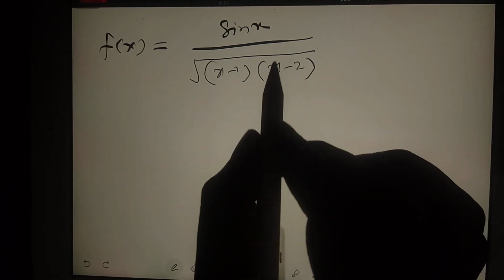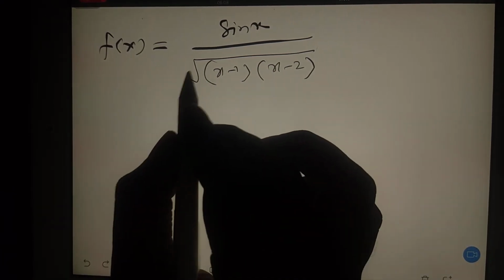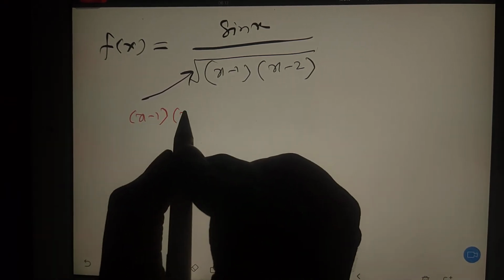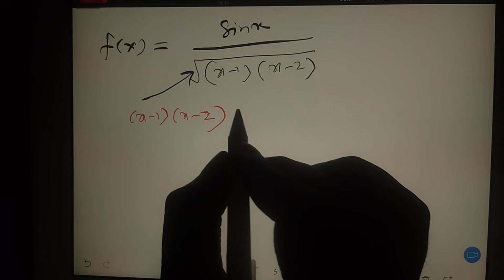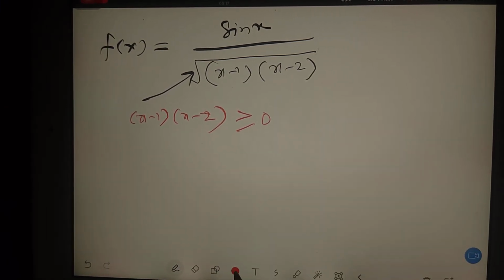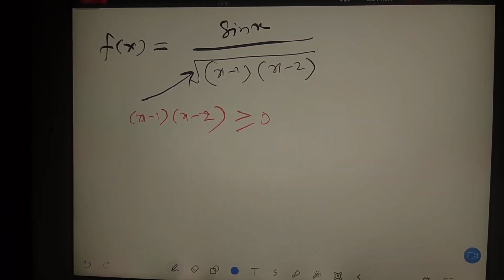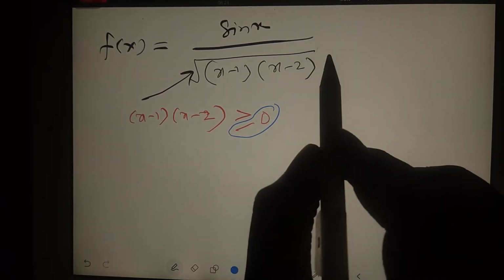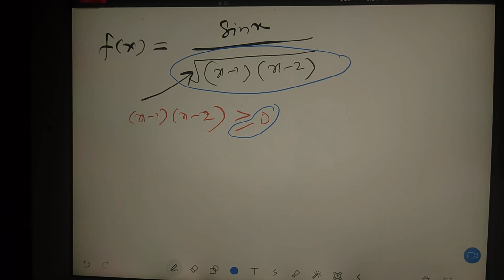It means because of the root I have the condition that (x minus 1)(x minus 2) should be greater than or equal to 0, then only the under root function will work. But this equal sign I am removing because the root is in the denominator.